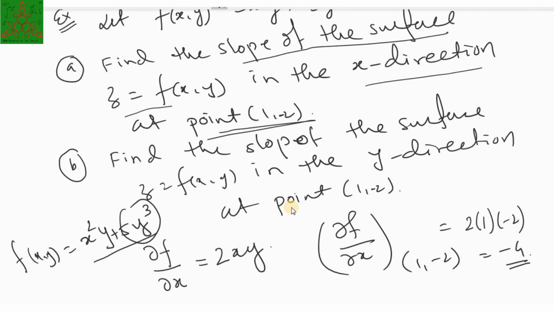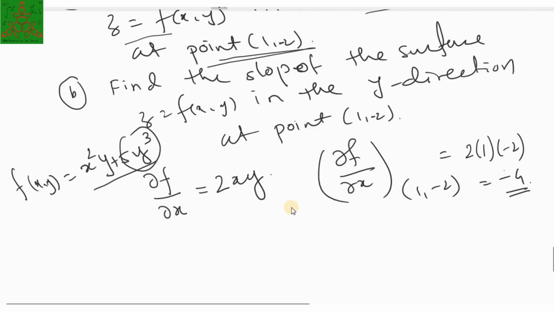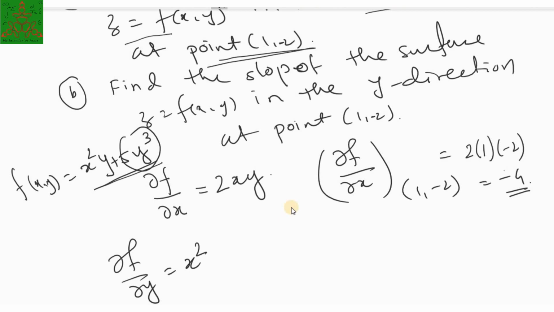increase in x. Same way, if I calculate ∂f/∂y, if I differentiate this quantity with respect to y now, so that is x², which is constant, derivative of y is 1, plus 15y², the derivative of 5y³, since derivative of y³ is 3y², so it is 15y².